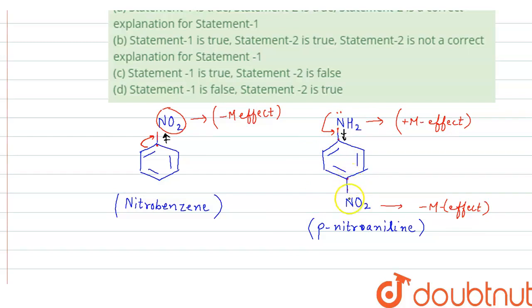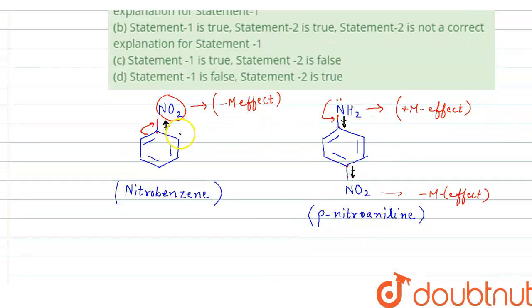In nitrobenzene we have only NO2, due to which the direction of bond dipole is in upward direction. But in para-nitroaniline, due to both NH2 and NO2, the bond dipole is in downward direction. So the net dipole moment will be greater in para-nitroaniline.